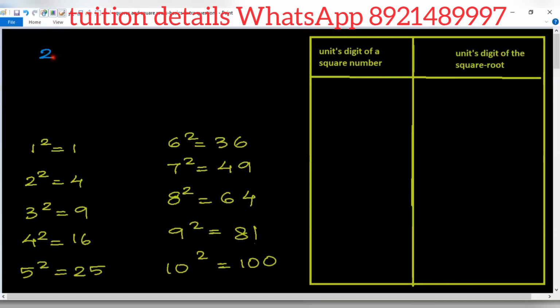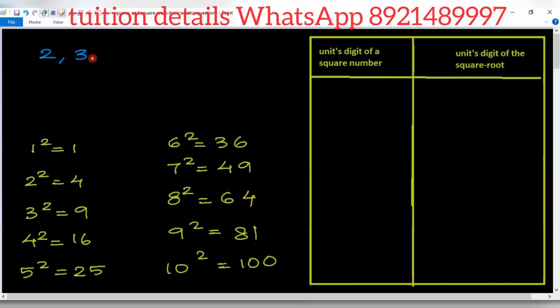See, 1 we have here, 0 is also possible as the units place of a square number, but 2 will not come as the units place of a square number. Similarly, 3, when we check the numbers here, 3 is not there as the units place of a square number. 4 is possible. See, here and here 4 comes.